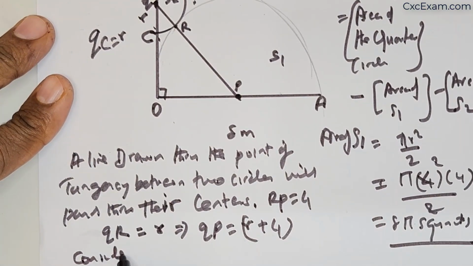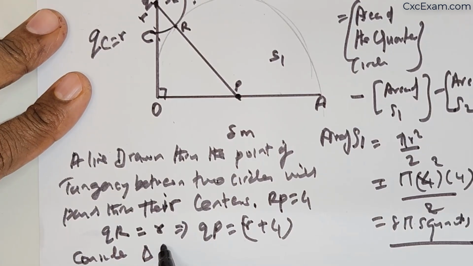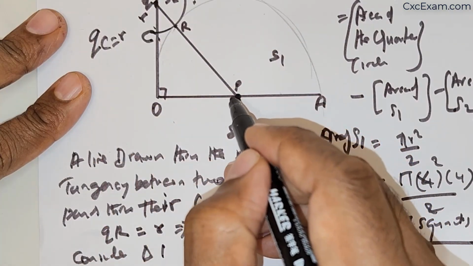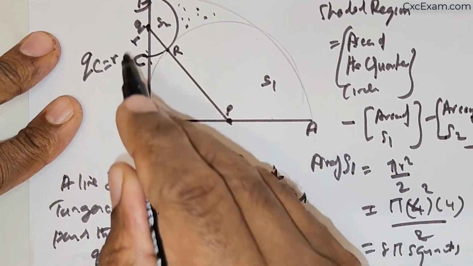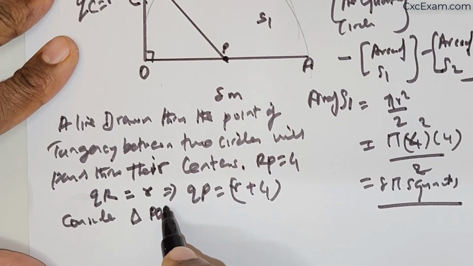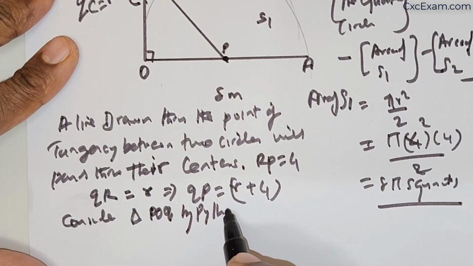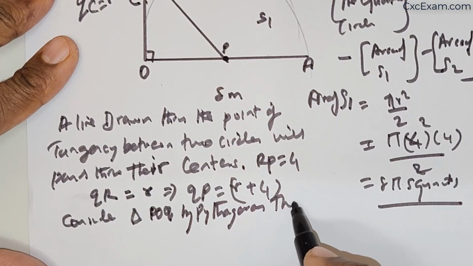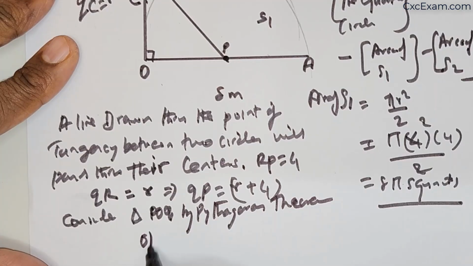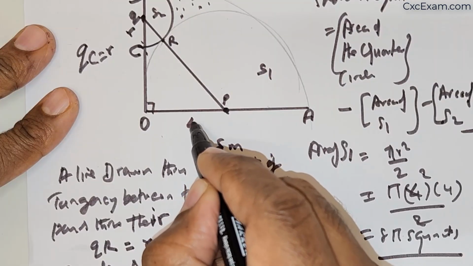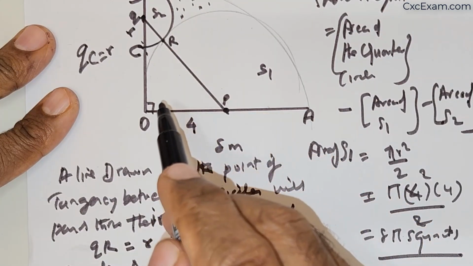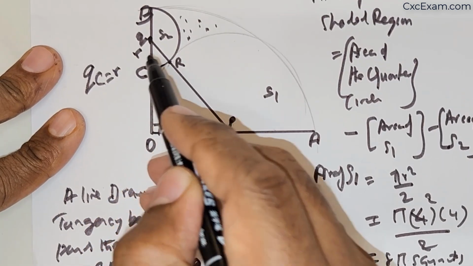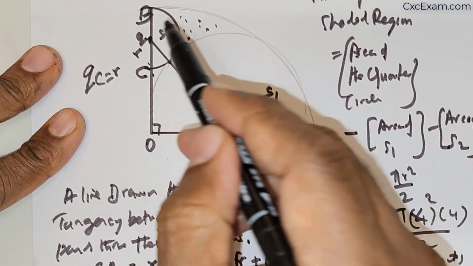So consider triangle POQ. By Pythagoras theorem, if I were to take OP as 4, and this distance is r, right?